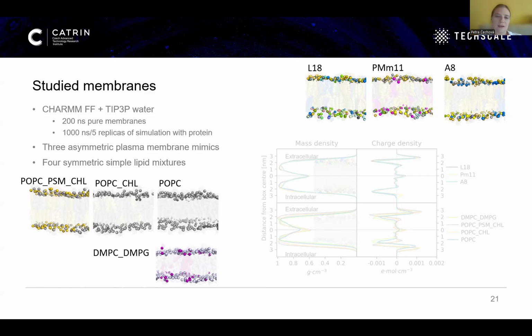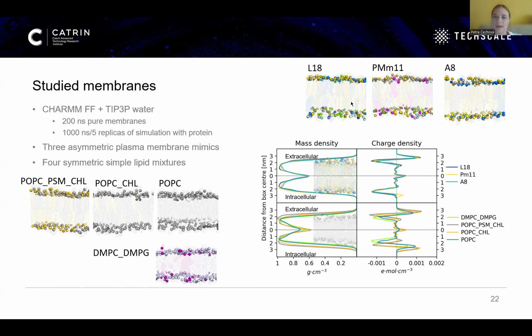The POPC membrane is often used in membrane protein studies, so that's what people would embed protein into. So we started with that, and we just added cholesterol and sphingomyelin, because sphingomyelin, as we saw, is an important component of the outer leaflet of the plasma membrane. And then we have this small membrane that was used experimentally to actually capture the structure of the protein.